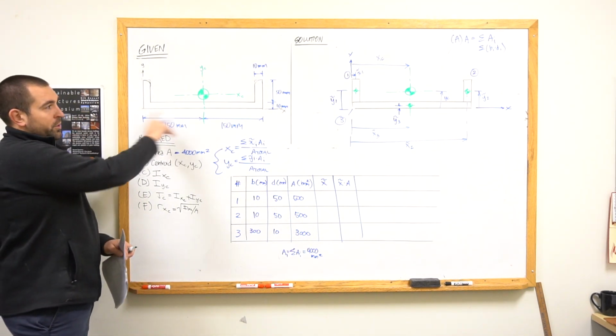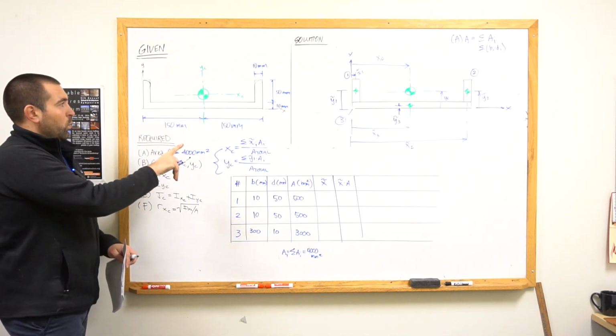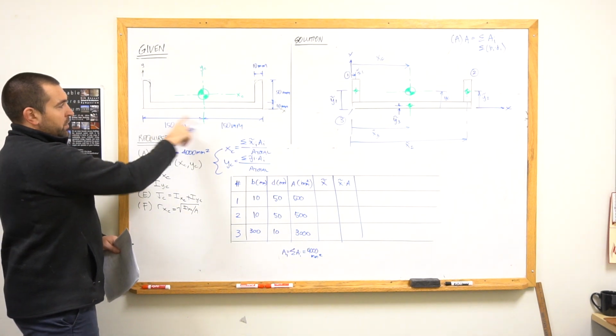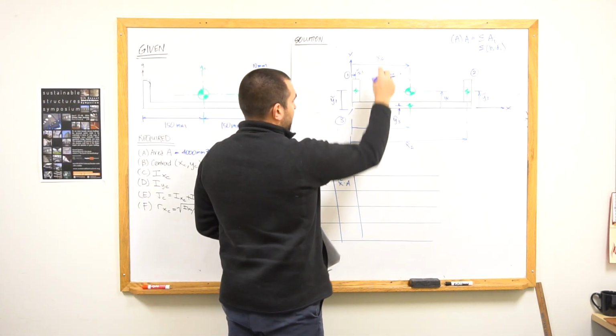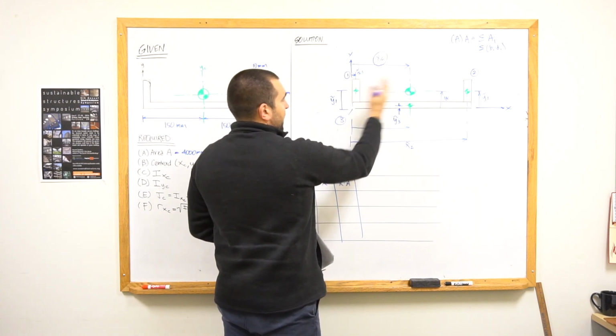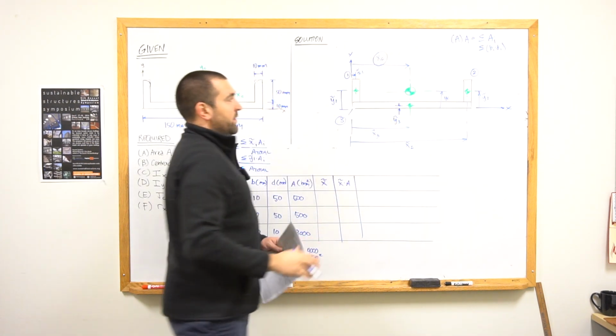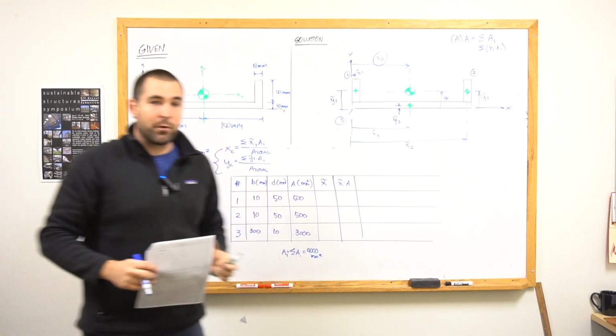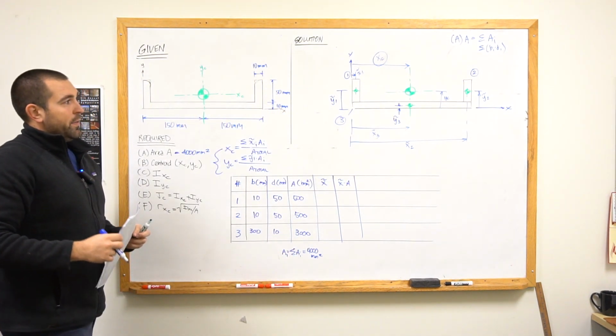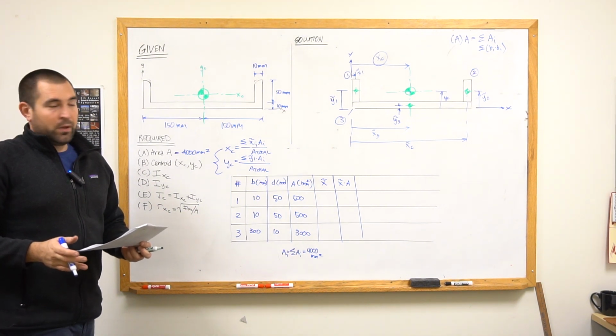But for a shape like this, where the distance to the centroid, x sub c, for this horizontal distance, if I have a shape that's symmetric about that vertical axis, then I don't need to do the calculation.